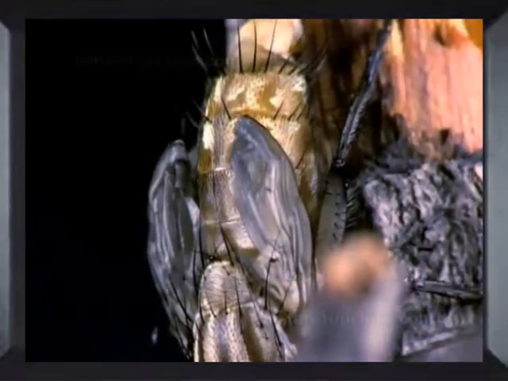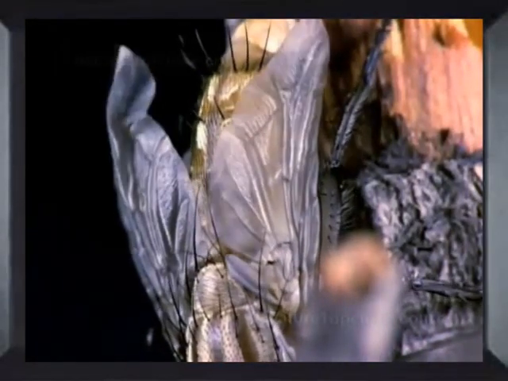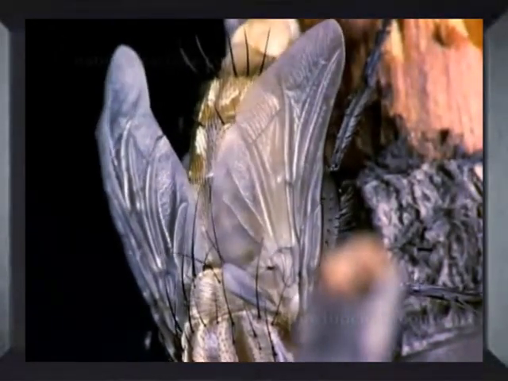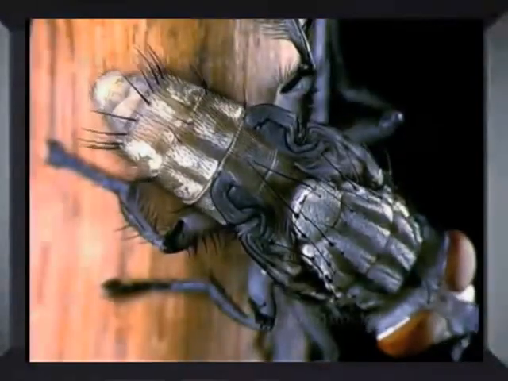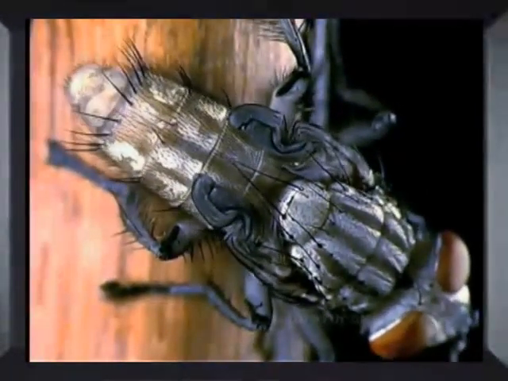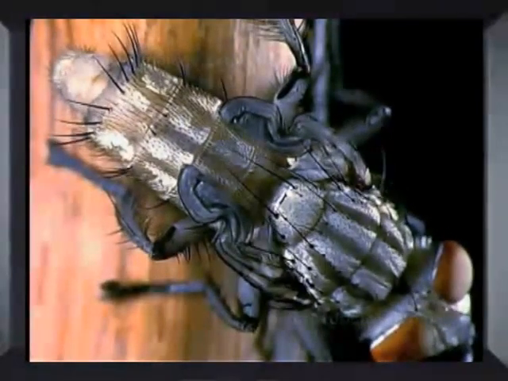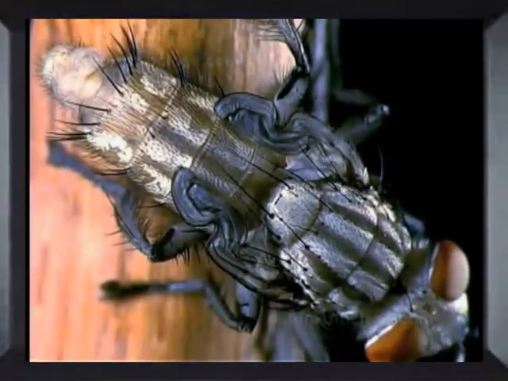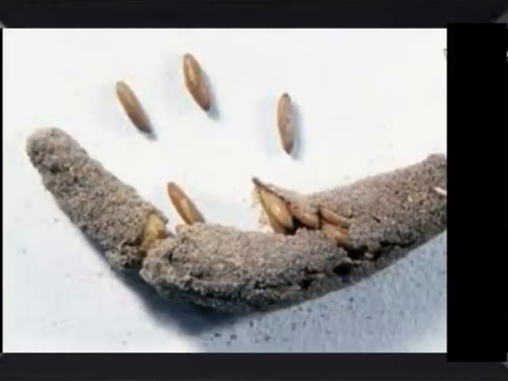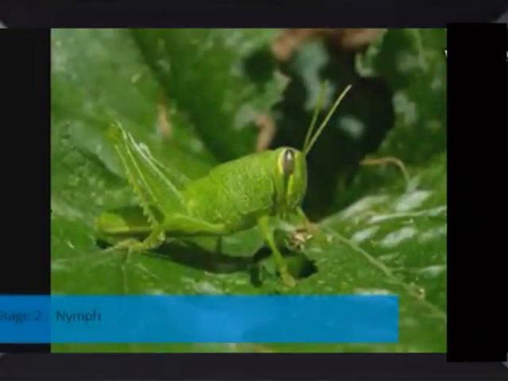Other insects go through only 3 stages in their life cycle before attaining maturity into adulthood. This is known as incomplete metamorphosis and is seen in insects such as grasshoppers and cockroaches. For example, in a grasshopper, the eggs are laid and covered with a layer of soil in the ground. When conditions are favorable, a nymph hatches out of the eggs.